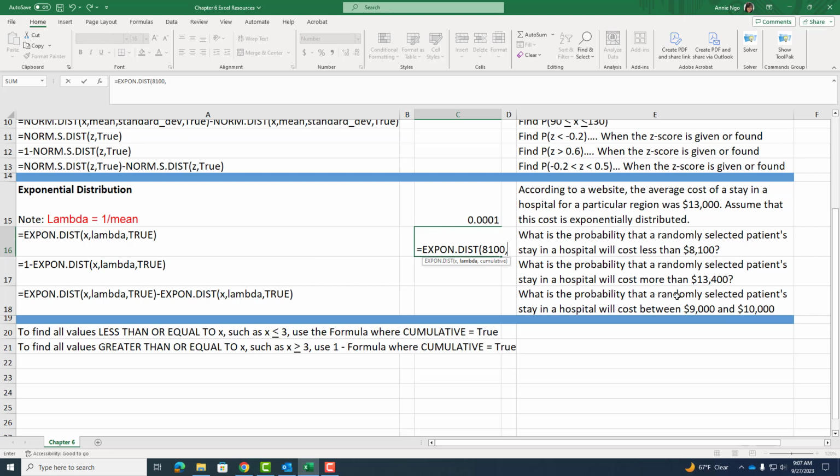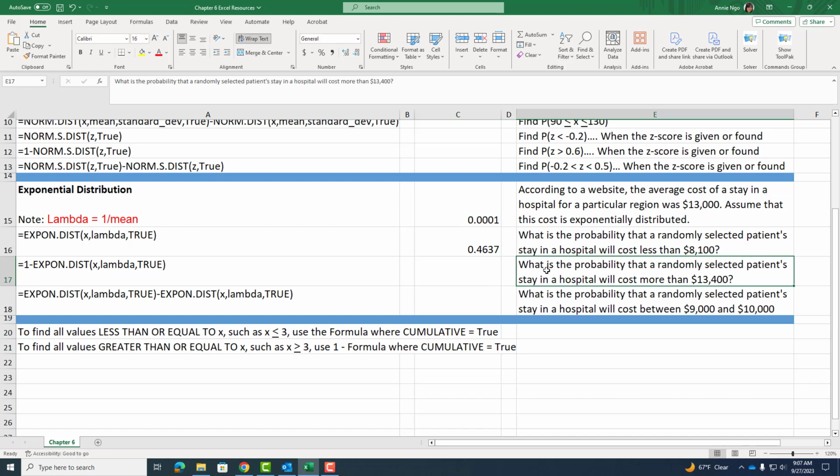So I can type in the decimal here, or I could just do 1 divided by 13,000, and then comma, TRUE, and then closing parentheses. When you're ready, you hit enter. And it's 0.4637 or 46.37% chance that a randomly selected patient's stay at a hospital will cost less than $8,100.